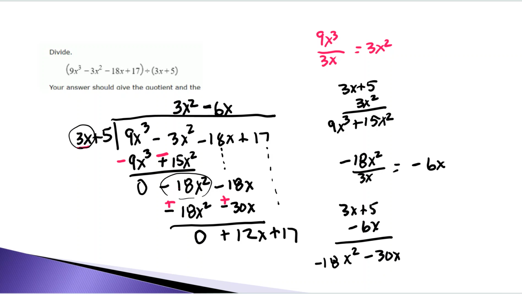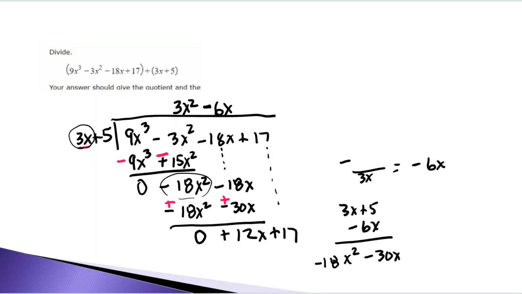I'm running out of space, so let me erase some of this over on the side. And again, I look at the first terms, 12x and 3x. I want to know how many times that goes. If I don't see it, I just take 12x over 3x on the side, and the x's cancel, and 12 over 3 is 4.